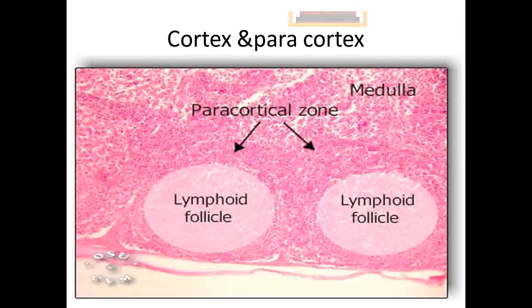The cortex is considered the site, or the house, of the lymphoid follicles. We have two types of lymphoid follicles, primary and secondary lymphoid nodules.